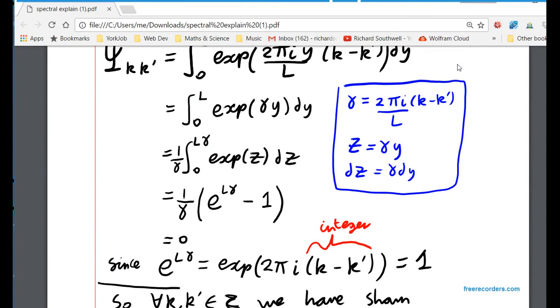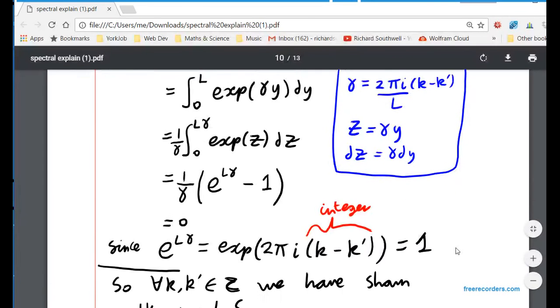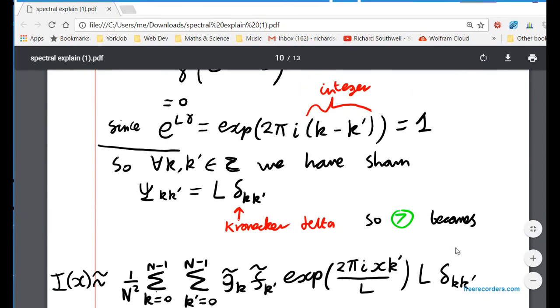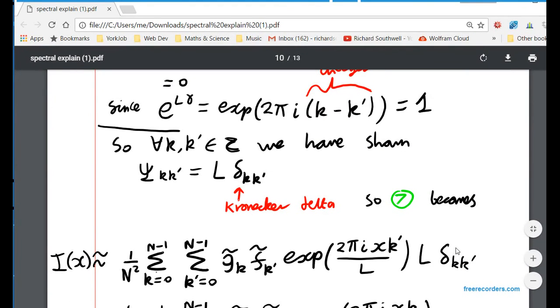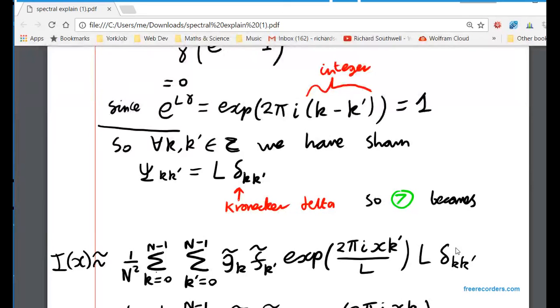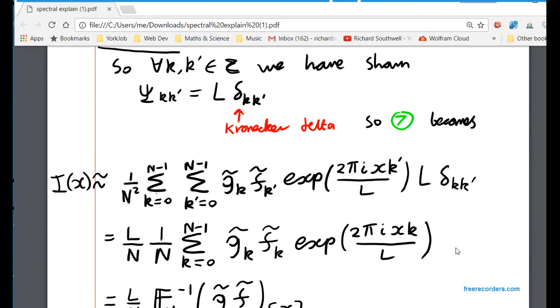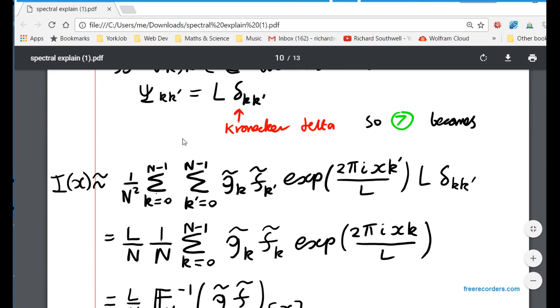So psi here is just equal to the Kronecker delta kk dash times L. If we substitute that back into our formula, we're summing over k and over k dash, but we're only getting non-zero terms when k is equal to k dash. So that allows us to get rid of one of these sums.